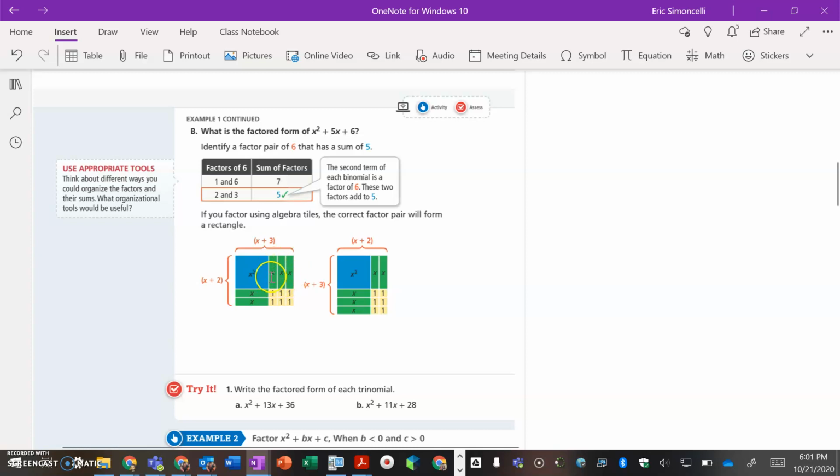Again, your 3 rectangles, x by 1. The remaining squares are all 1 by 1 in dimensions, so you can see that x plus 2 times x plus 3 multiplied together yield x squared, and you have 1, 2, 3, 4, 5 x's, and then 1, 2, 3, 4, 5, 6 singular squares.